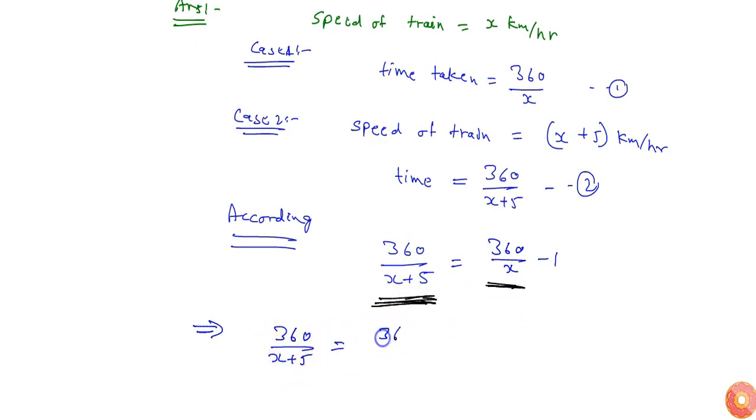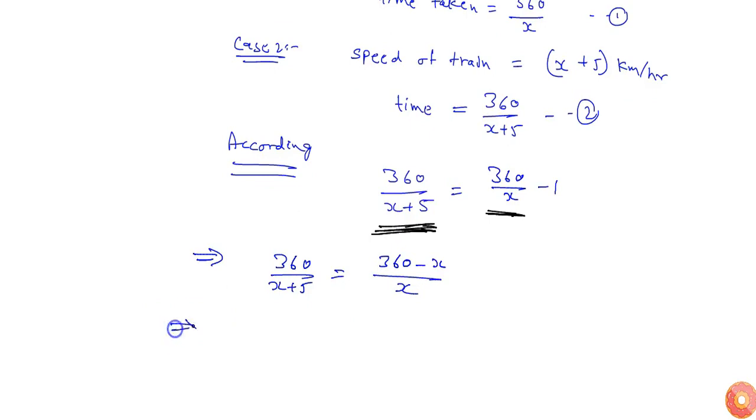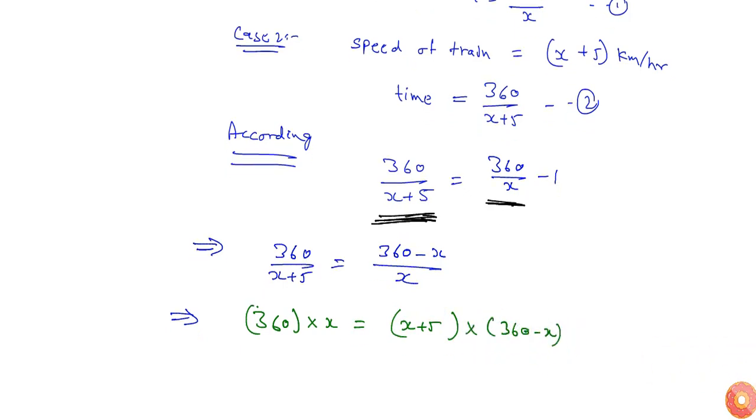Here it will be 360 minus x by x, or if I take the cross product, it will be 360 into x equals x plus 5 multiplied by 360 minus x.